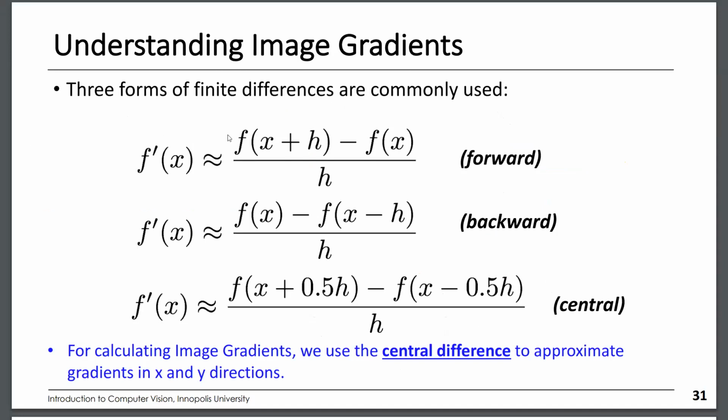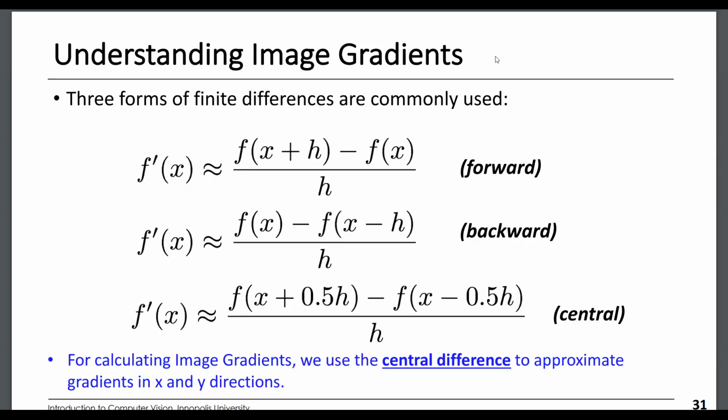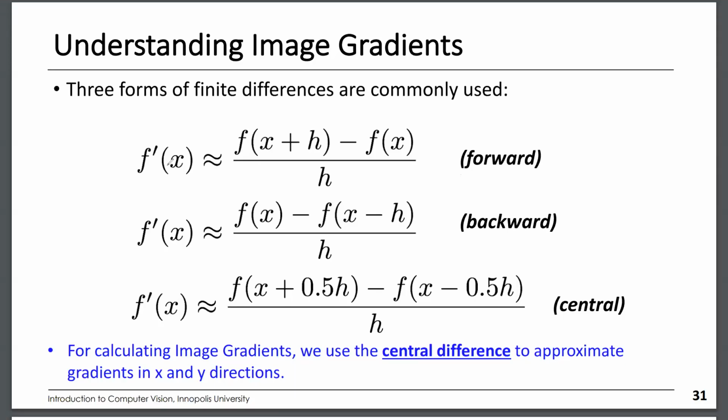There are three main forms to calculate these finite differences, which are very commonly used. This is the forward finite differences calculation. Basically, it's f of x plus h minus f of x. There's the backward one, which is f of x minus h.